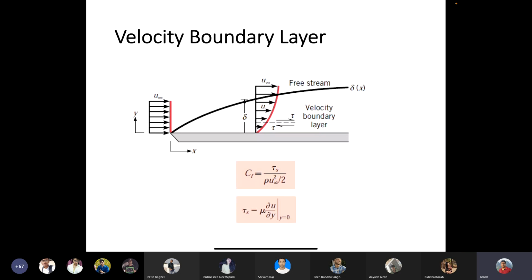This has already been taught in your fluid mechanics class. We were refreshing our memory, but still, if somebody has any question on this. So let me quickly go through that again.